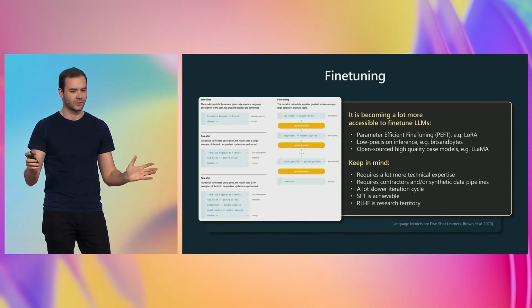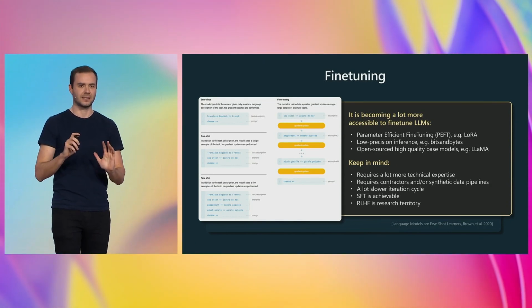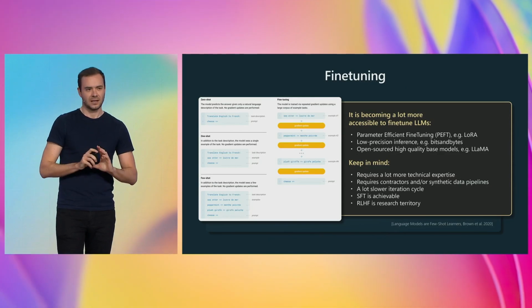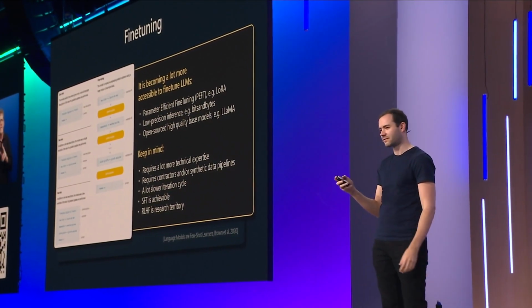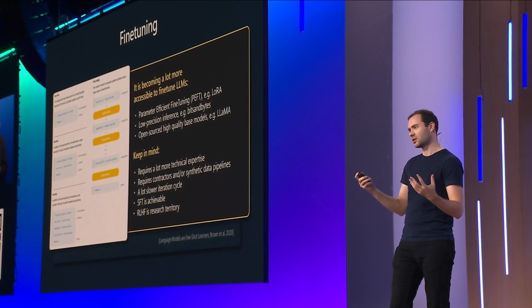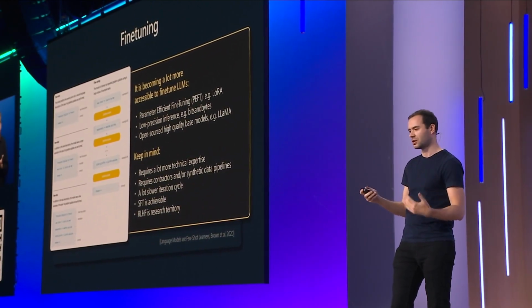It's relatively straightforward. But RLHF, I would say, is very much research territory and is even much harder to get to work. So I would probably not advise that someone just tries to roll their own RLHF implementation. These things are pretty unstable, very difficult to train, not something that is very beginner-friendly right now, and is also likely to change pretty rapidly still.